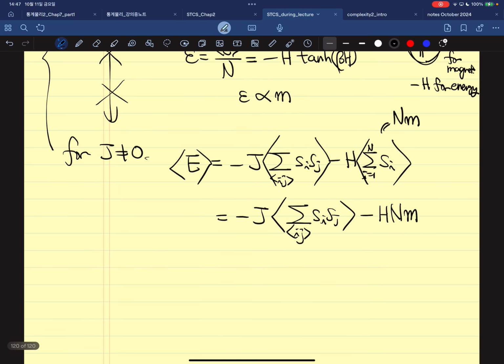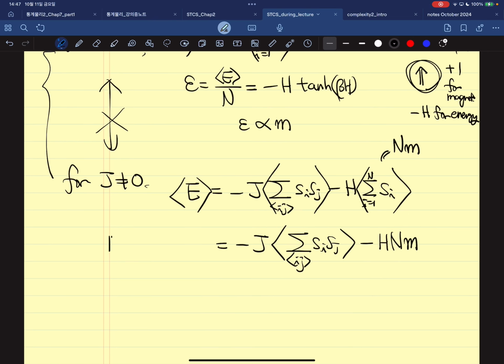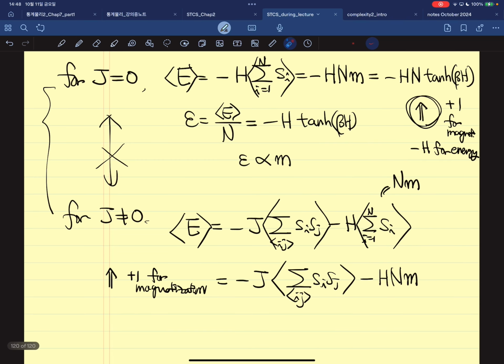But for this case, the fact that each spin is upward means +1 for magnetization. But can we decide the energy contribution from this spin alone? That is the question. So here, the bottom line is that a single spin up or down determines both the magnetization and the energetic contribution.